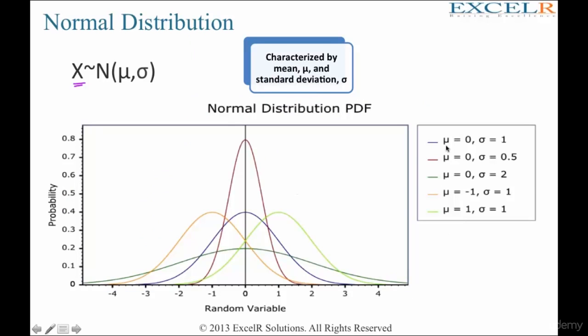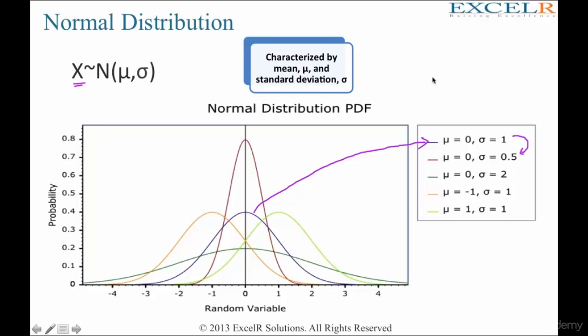If mean equals 0 and sigma equals 1, the curve would appear like this. If I let my mean stay as is, and I reduce the standard deviation from 1 to 0.5, the width reduces. Think about reducing your variation, your dispersion. The width reduces, right?